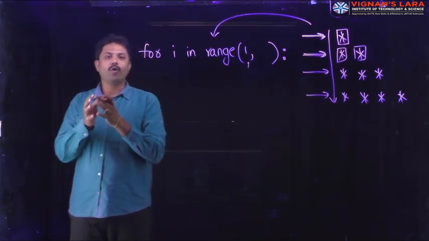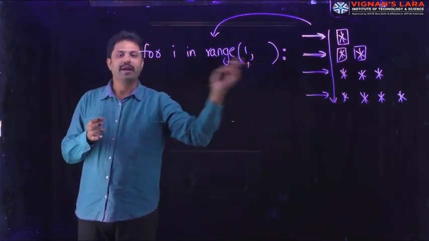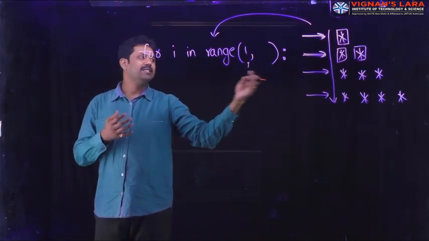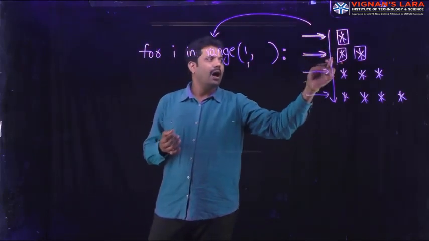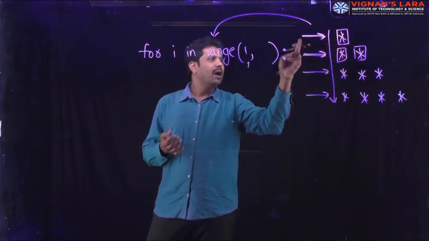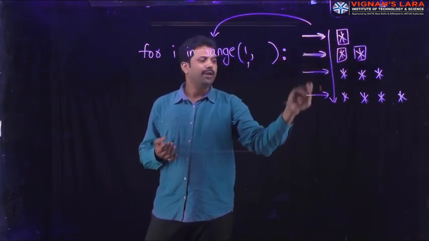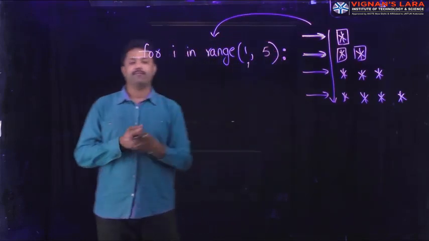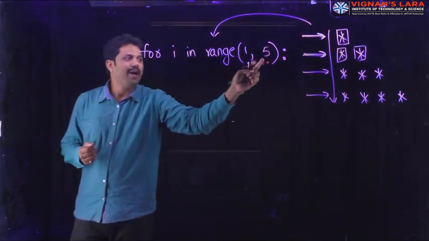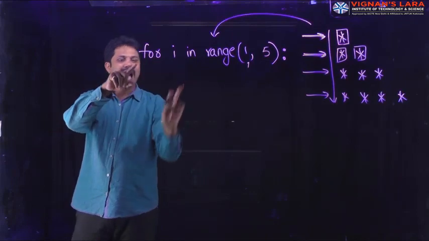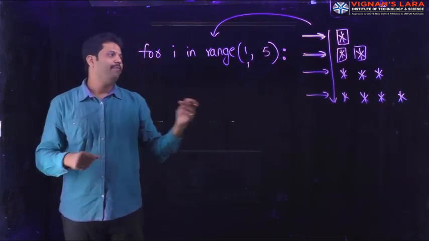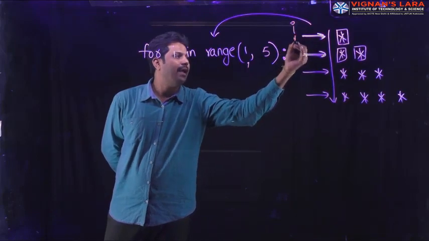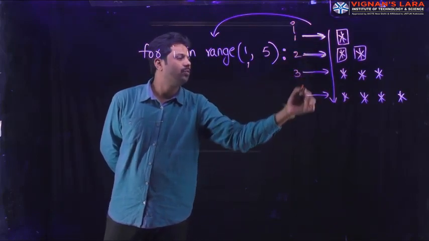If you want 4 iterations, you have to write 5 here. If you want 5 iterations, you write 6 here. In this example, I am taking 1, 2, 3, 4 lines. That's why here you write 5. If it is 5, this for loop, this I is going to iterate 4 times. That means I is 1, 2, 3, 4.